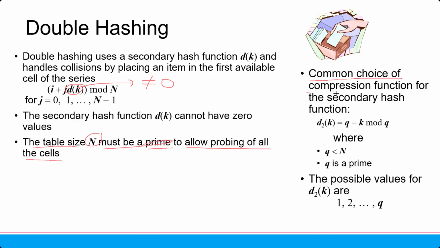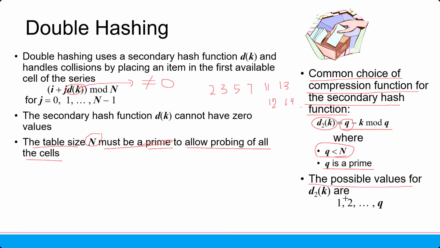The common choice of compression function for the secondary hash function d(k) is q minus (k mod q), where q is a number less than n, and q is a prime. So prime means any number like 2, 3, 5, 7, 11, 13, 17, 19, and so on.